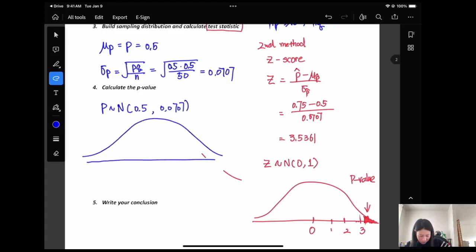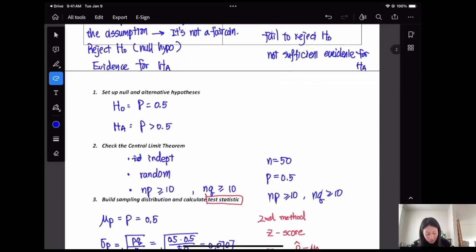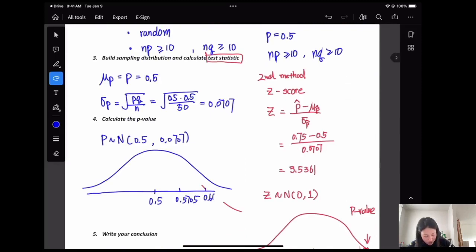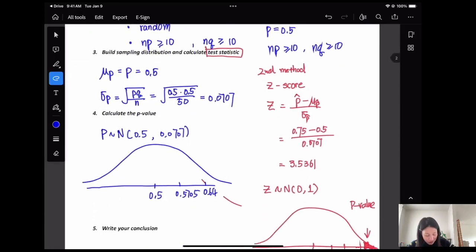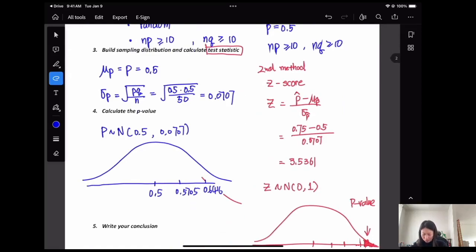In GeoGebra, we have 0.5 first, then 0.0707 second. Now we're trying to find the p-value when p-hat equals 0.75, which is here. So we're trying to find the probability when p-hat is greater than 0.75. What will be the probability of this proportion?